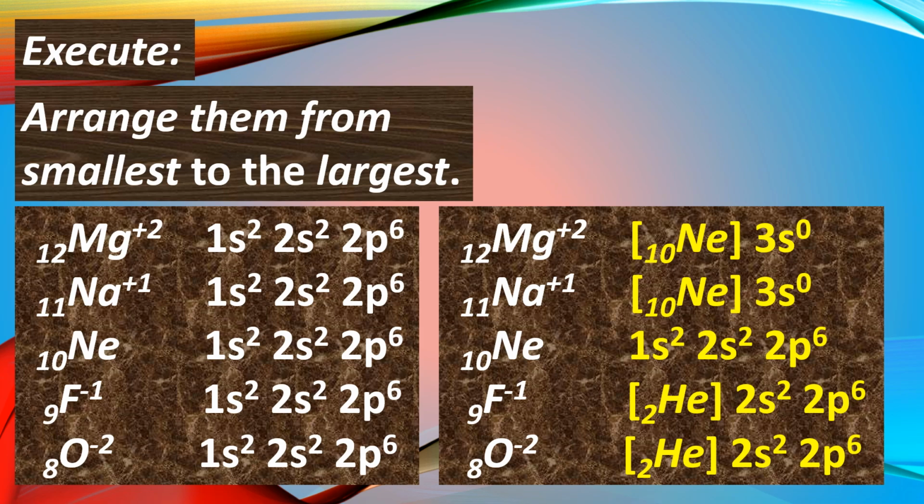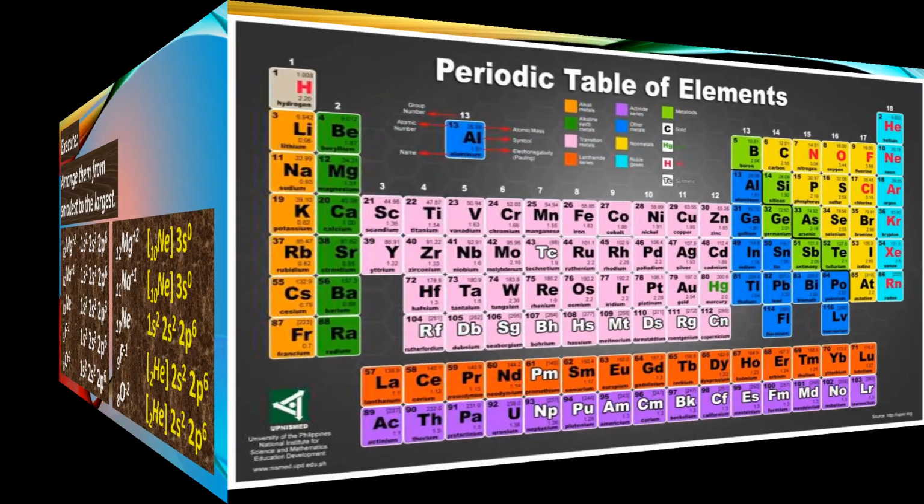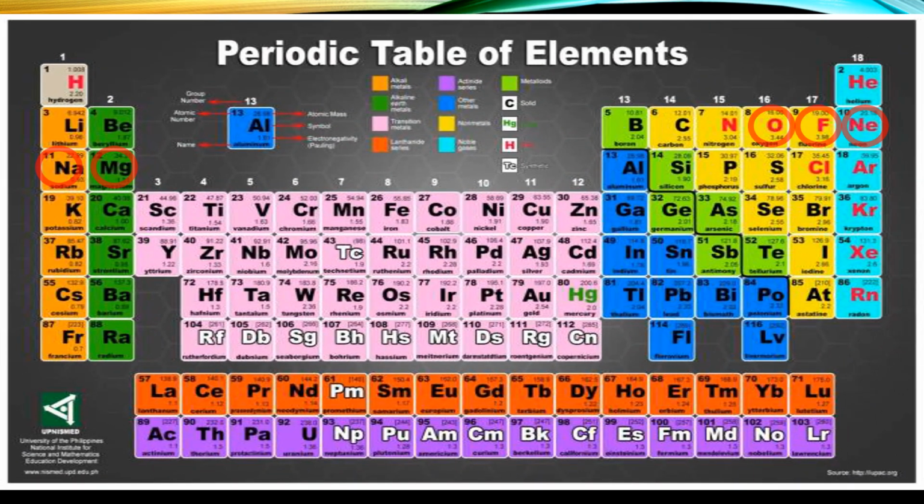Now, the 5 elements mentioned are highlighted in this sample of a modern periodic table of elements.